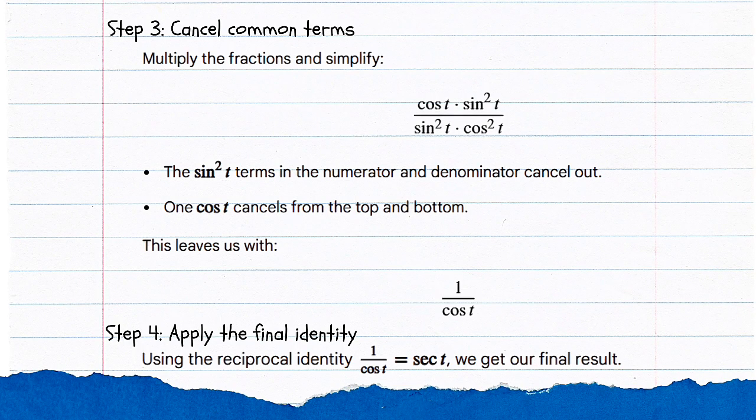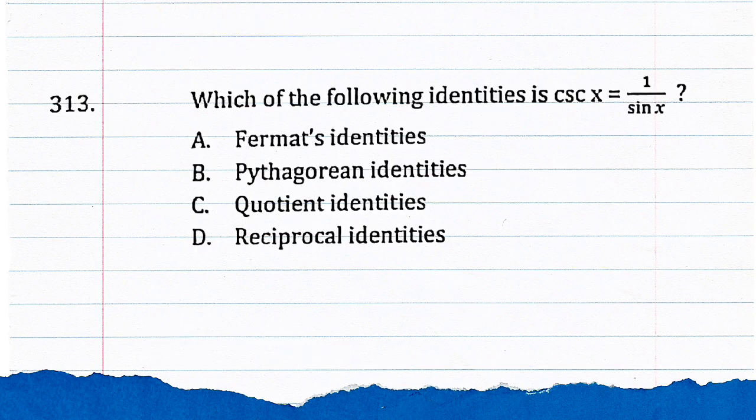And one cosine t cancels from the top and bottom, and that leaves us with 1 over cosine t. For step 4, we apply the final identity. Using the reciprocal identity, 1 over cosine t is equal to secant t, and that is our final result.